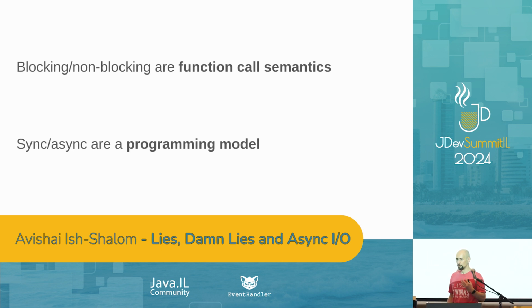Synchronous and asynchronous, in contrast, are a programming model. They encompass many different things other than just function calls. Things like how do we preserve state? How do we move between functions? How do we share context between different parts of the stack, and so on, so on, so on. So it's something that's much broader than just a function call.